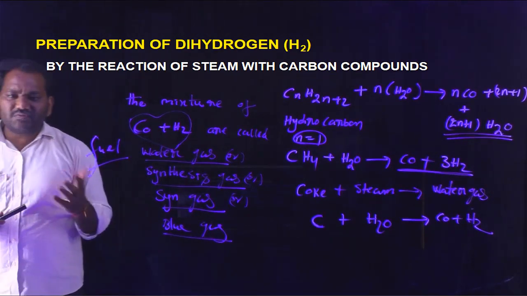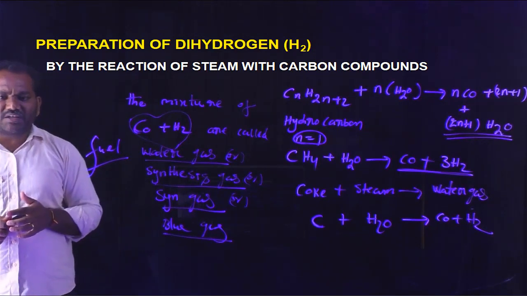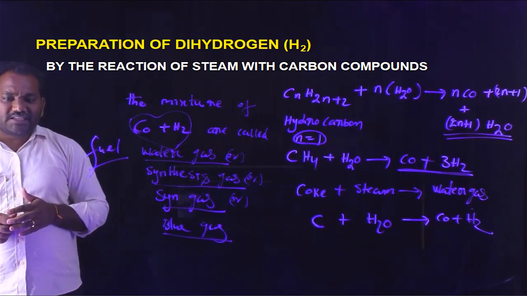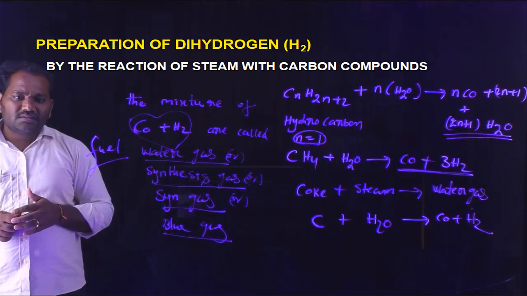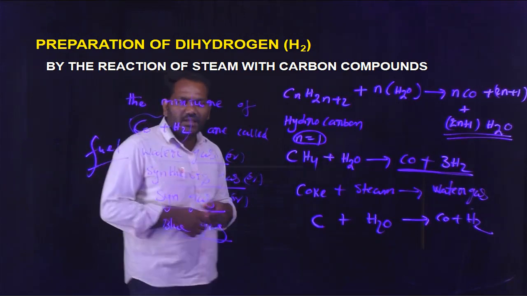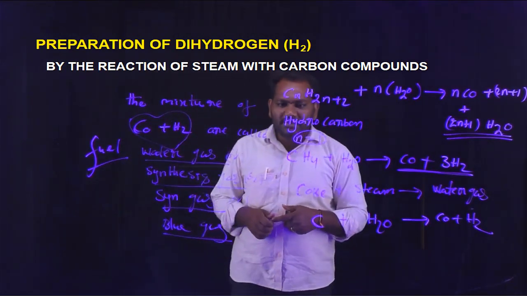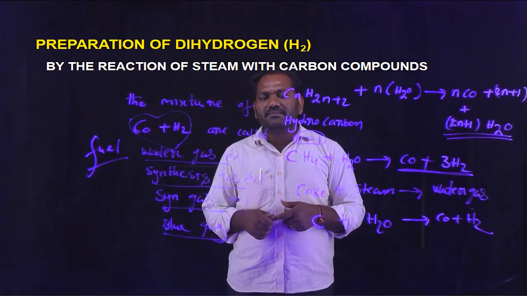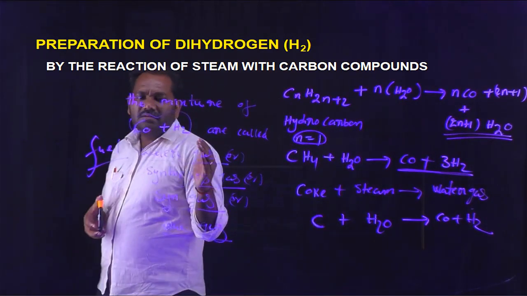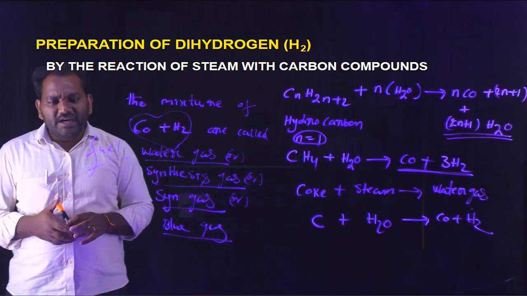The calorific value of water gas is very high. So that mixture CO plus H2 is used as a fuel for cooking purposes or industrial purposes. So these are the preparation methods for dihydrogen gas.